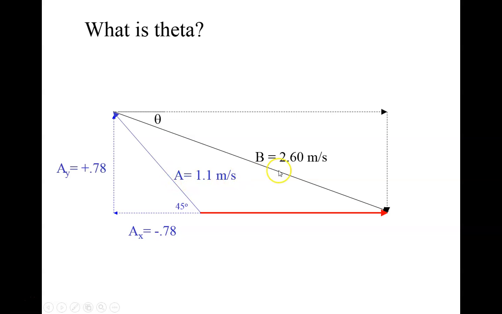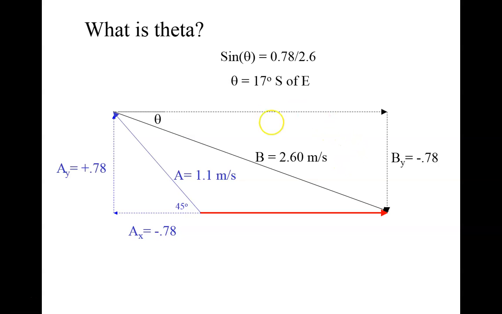And what I know about this boat velocity vector is that it needs to cancel out with the y. So for this y going up, I need this same amount of y going down. So I know that this side of it is 0.78. Well, at this point, I've got a right triangle with two sides, so now I know everything I need to know about that triangle.